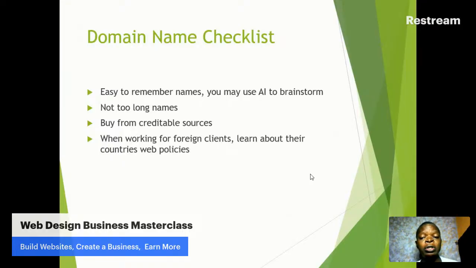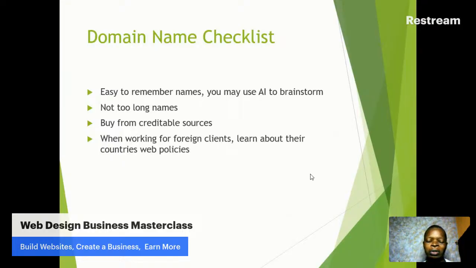You can use AI to brainstorm, and even some of our web hosting companies have domain name suggestion tools that will help you to just type in the name you want to buy, and they will tell you if it is available. They will even create some other names that can help you out. They suggest names for you, and if you feel it's okay, fine and good. You want to go for names that are not too long. You don't want to go for names that are abbreviated, especially if it's not a common abbreviation.